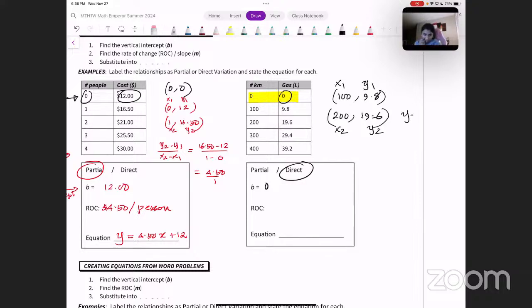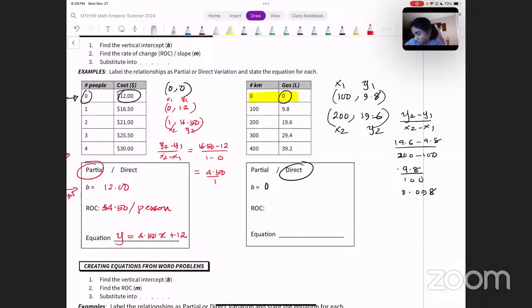So we're going to go back to y2 minus y1 over x2 minus x1. 19.6 minus 9.8 over 200 minus 100, which is 9.8 divided by 100, which is 0.098. So what is my rate of change? The rate of change is, you can see, 0.098.